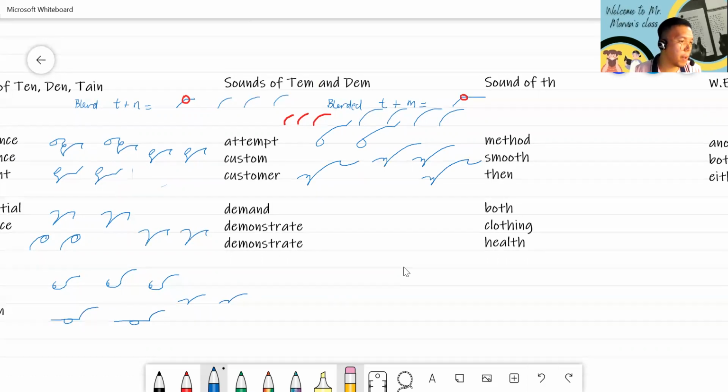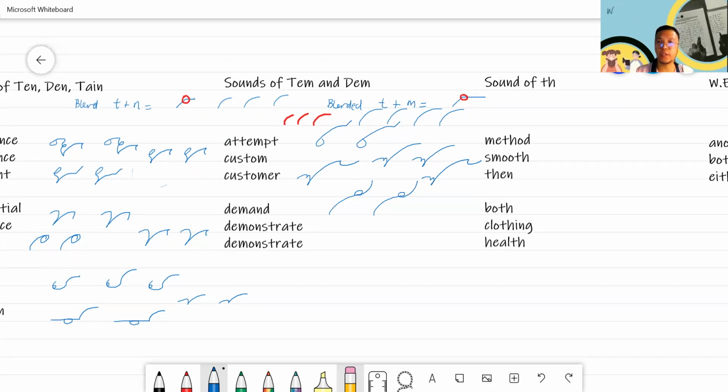Let's have the word demand, or the sounds of dem. We have the dem and for demand. As you can see, we have this so-called joining principle. It is being said that if we are going to write a circle, or should we say if we are going to have two curves in different directions, most probably if it is joined with a circle, it is going to be written at the back of the first curve.